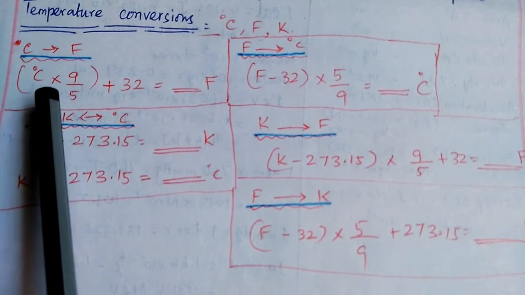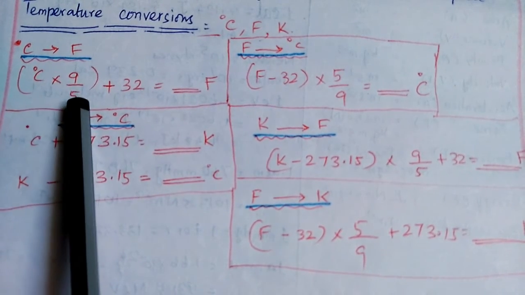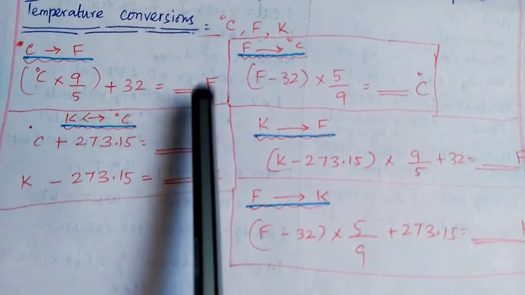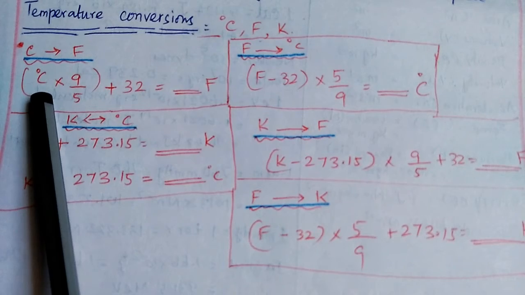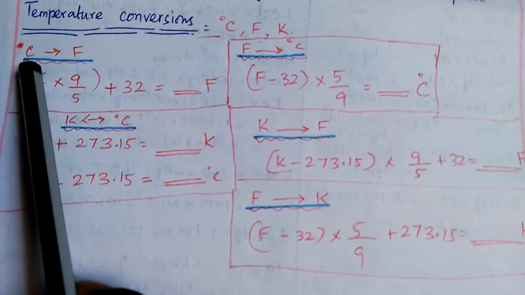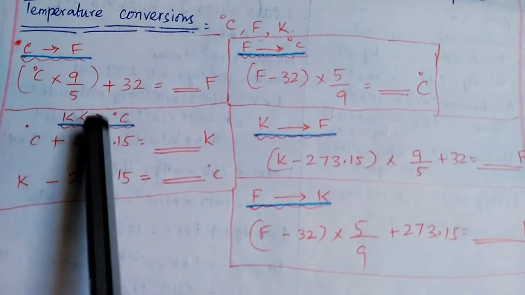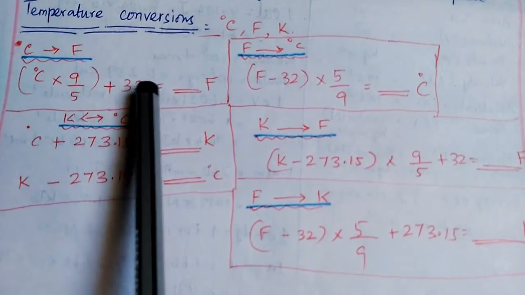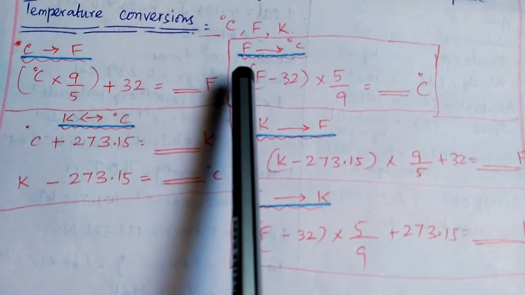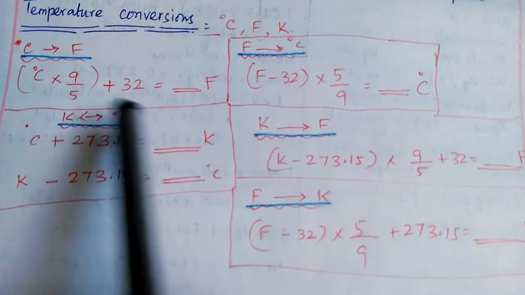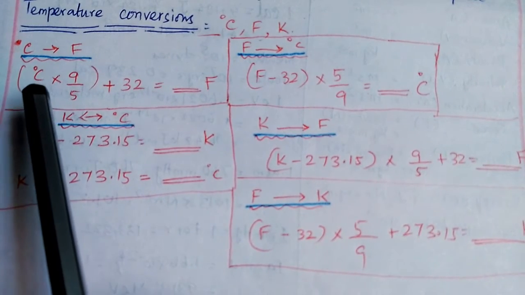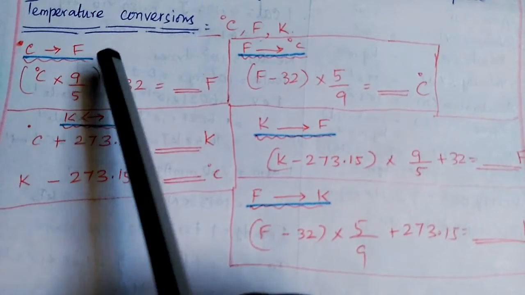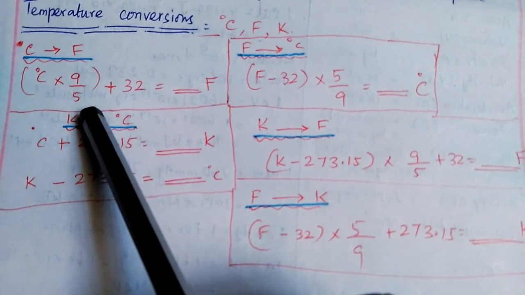So degree Celsius into 9/5 plus 32 will give us the Fahrenheit value. So this formula is used to convert a value from degree Celsius into Fahrenheit. In this case, first we should substitute the degree Celsius value, multiply it by 9, and divide the value by 5.